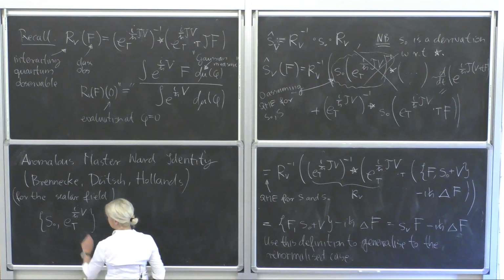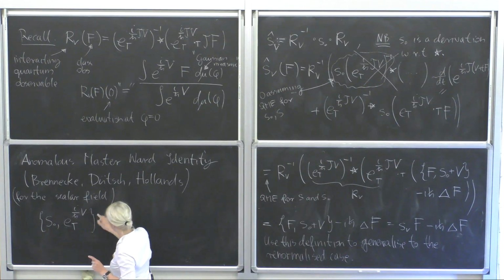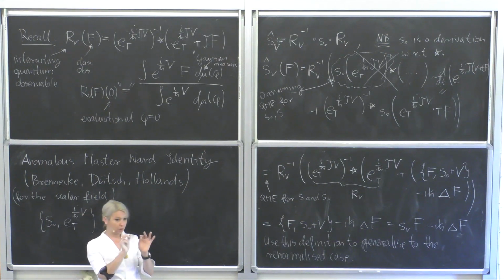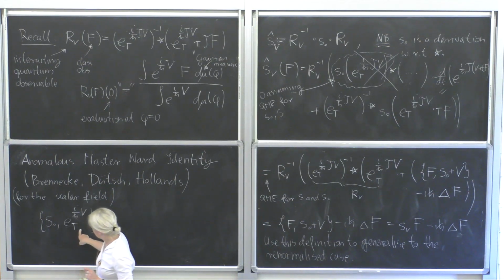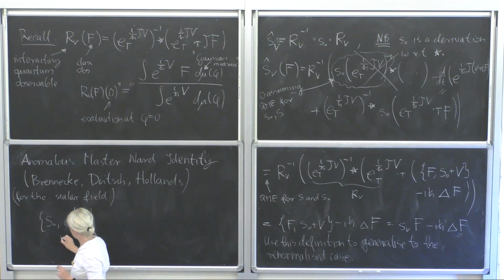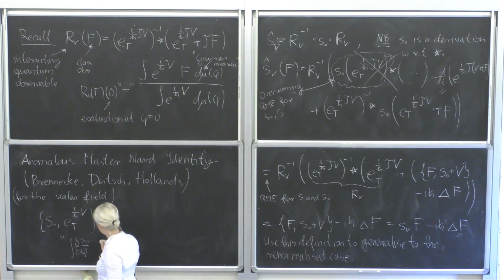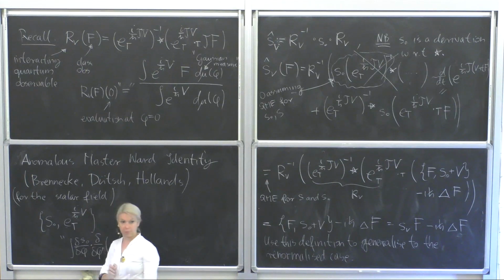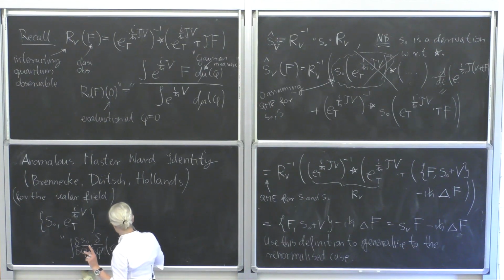And note that here the product between these two things is just the ordinary product. So this is, in other words, dS0 over d phi contracted with d over d phi dagger of this. But the product here is the pointwise product, not the time-ordered. I'm emphasizing it because it actually makes a huge difference.